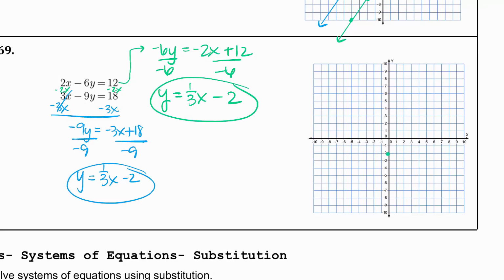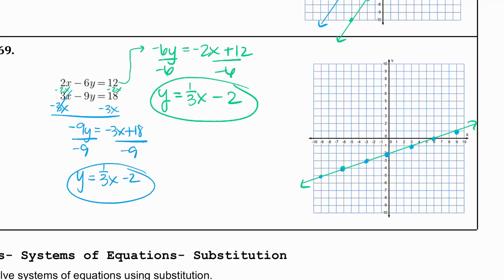So it's like I'm graphing this first one. We start at negative 2, we rise 1, run 3, up 1 over 3. There's my first line. And if we were going to graph that blue line, we start at negative 2, up 1 over 3.